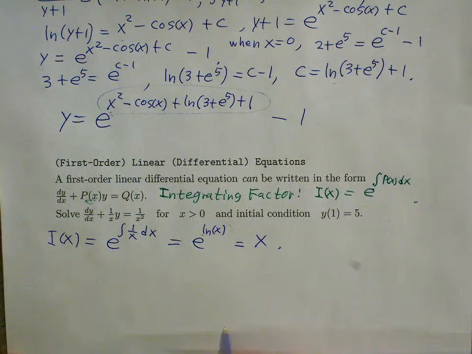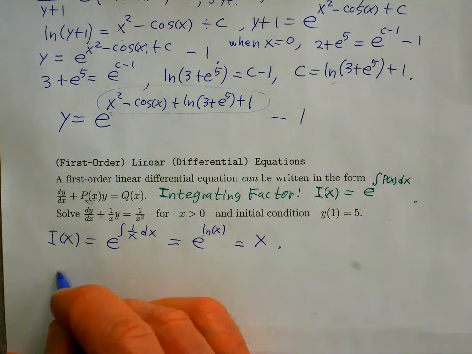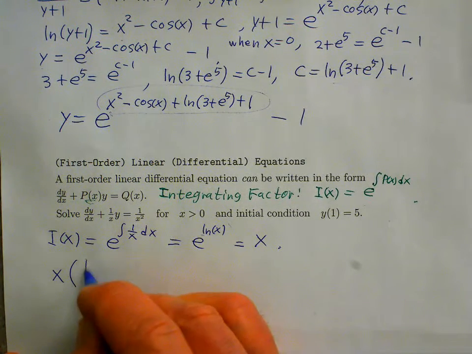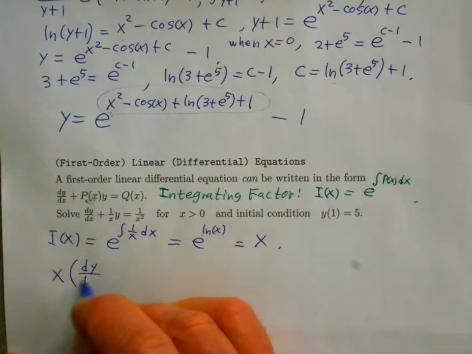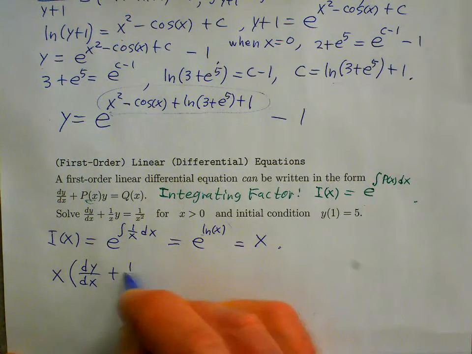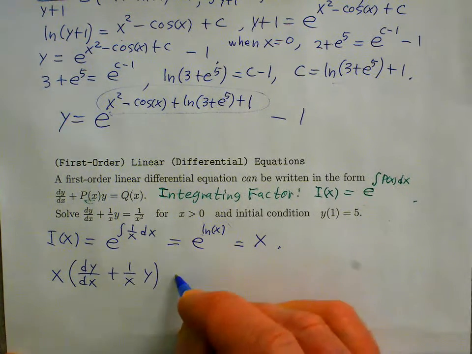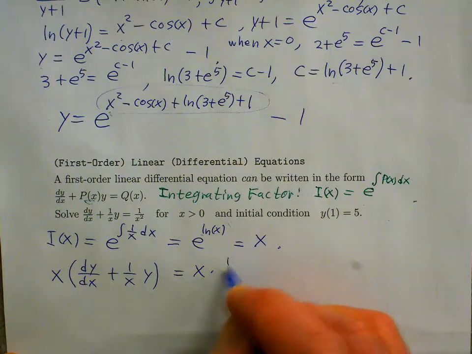Okay, then we multiply both sides of this equation by x. So we have x times the quantity dy dx plus 1 over x times y, and then x times 1 over x squared.